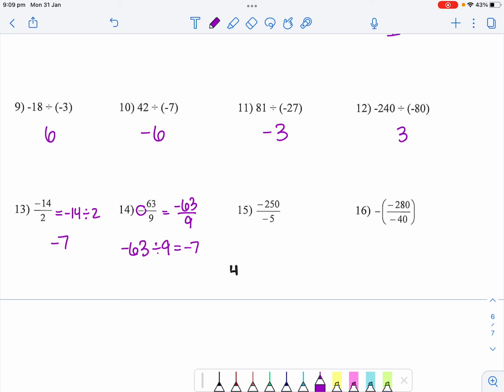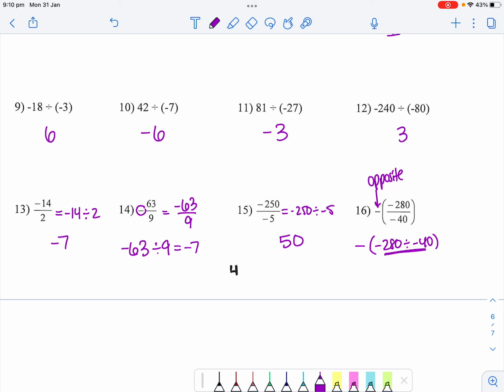Number 15 shows a negative in both places, so that's negative 250 divided by negative 5. So my answer is 50. And then this last one is the opposite of whatever this division is. So this is going to be the opposite of negative 280 divided by negative 40.